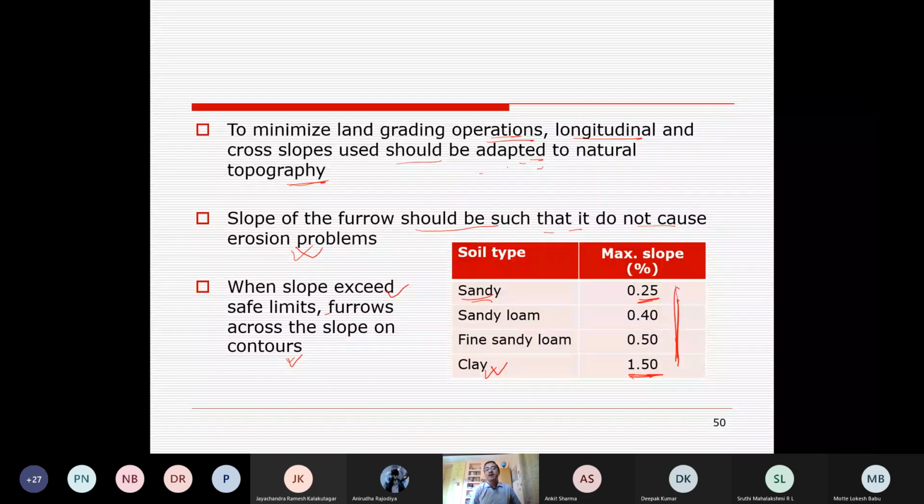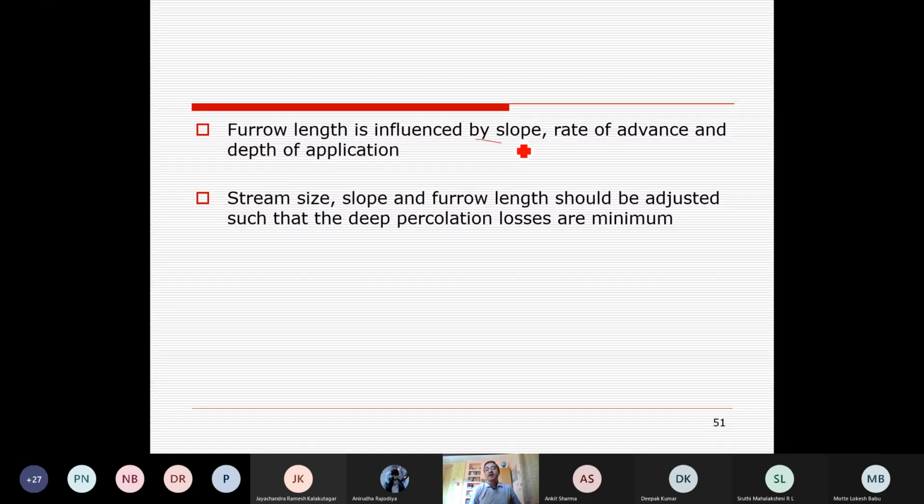Furrow length is influenced by the slope, rate of advance and depth of application. We need to design what the furrow length should be. It should not simply be the maximum. We need to take care about the soil property, the rate of flow available, and the advance and depth of application.